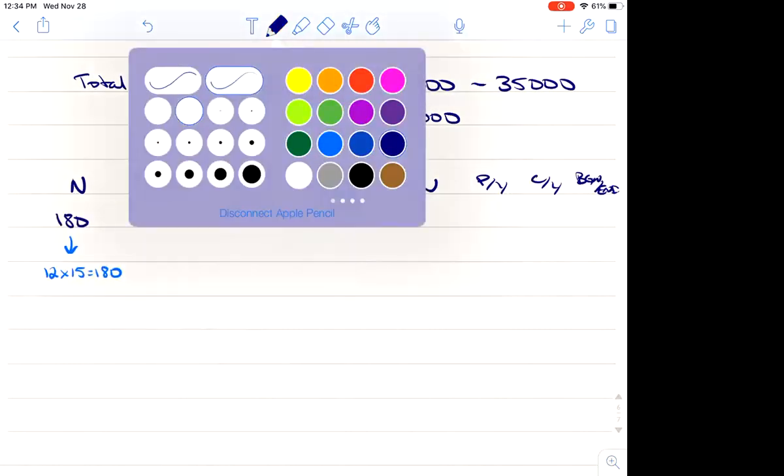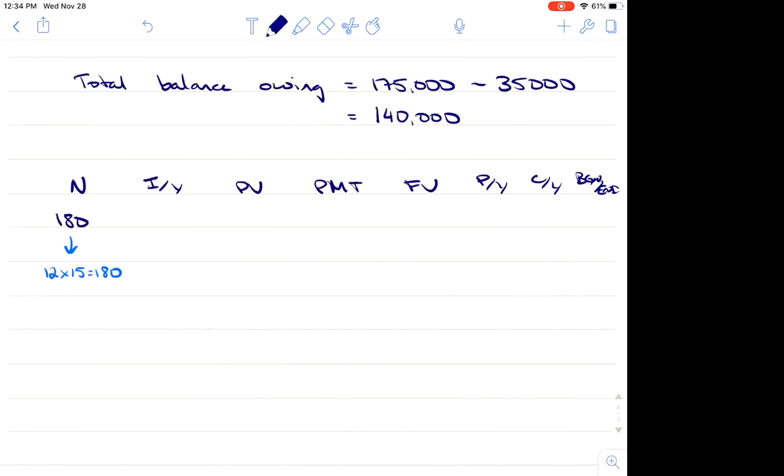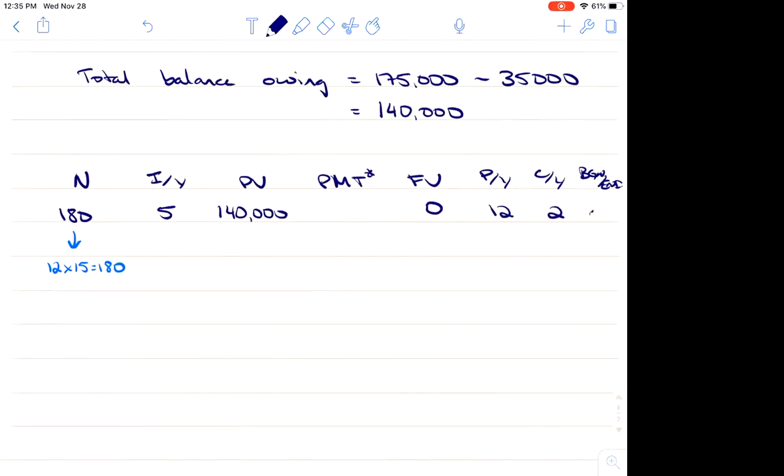Interest per year was 5. The present value, so the loan amount that we're paying off, is 140,000. Our payment is what we're trying to find. Our future value, once it's all paid off, has to be 0. And we're making monthly payments and compounding semi-annually, and payments are at the end.